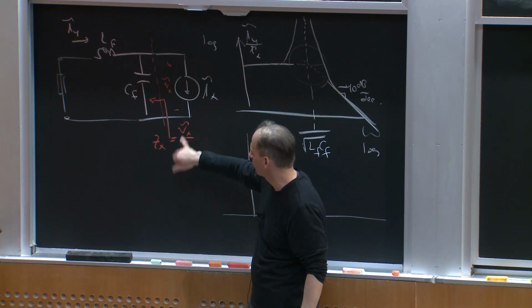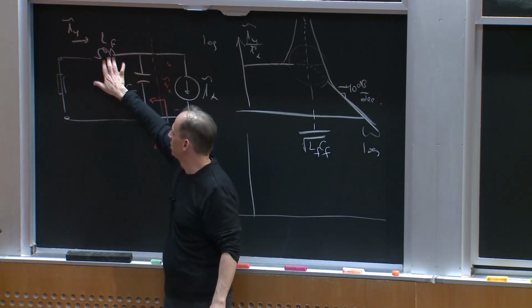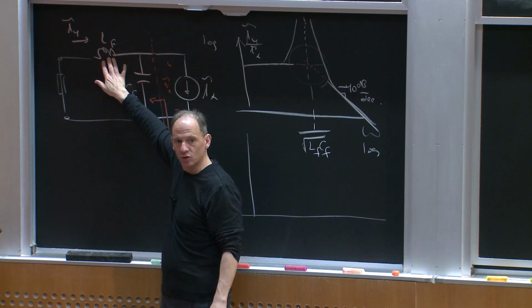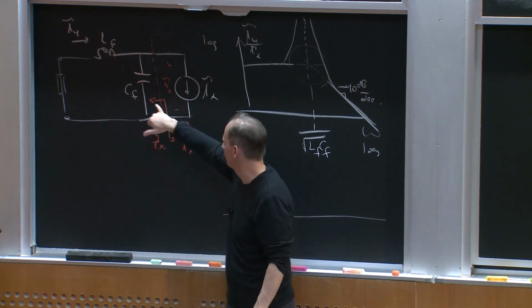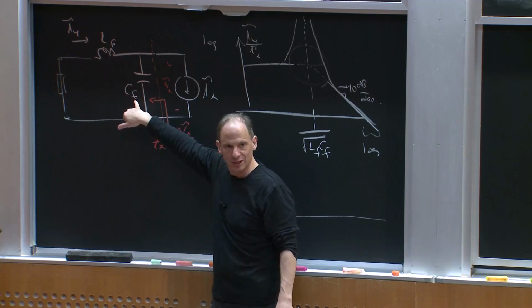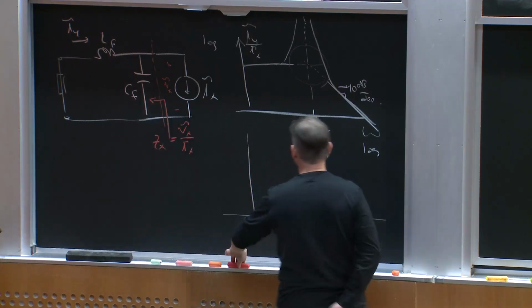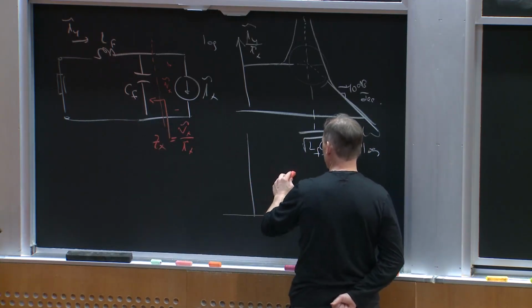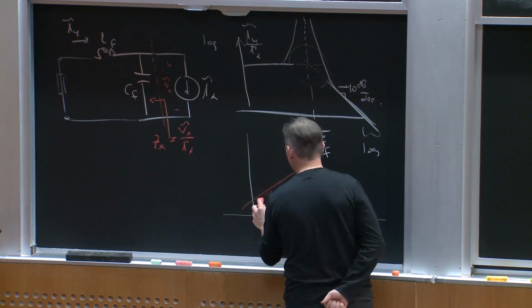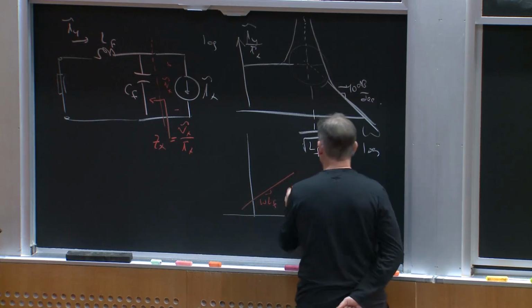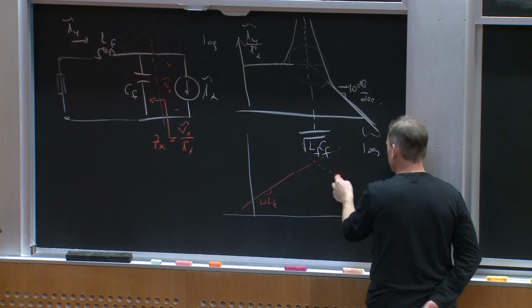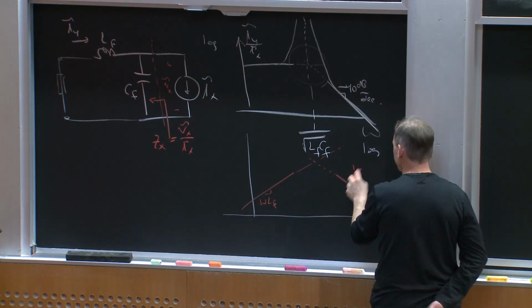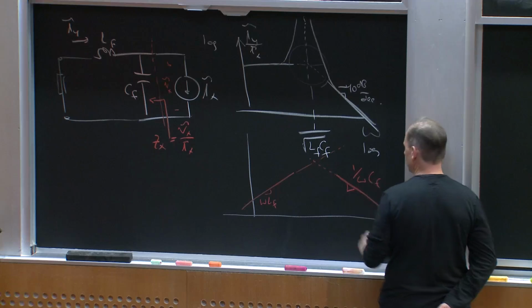Well, I would argue in this case that at low frequencies, this is close to a short circuit, so it looks like omega LF. And at high frequencies, this starts to look like a short circuit, so it becomes 1 over omega CF, and you get the following behavior. I get sort of omega LF, I get 1 over omega CF, right?